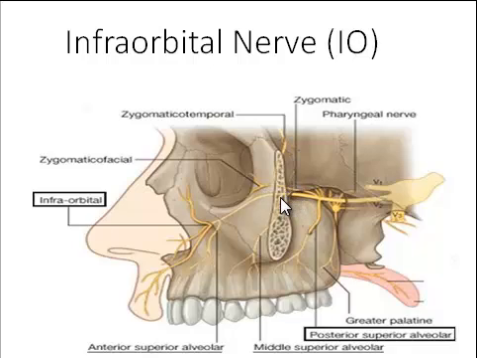The IO will split into the MSA, and it will split into the ASA, and here are the terminal branches of the IO that comes out here. So within the IO, or infraorbital canal, two branches split off, the MSA and the ASA. So if we have posterior superior alveolar, MSA will be middle superior alveolar, and ASA will be anterior superior alveolar.